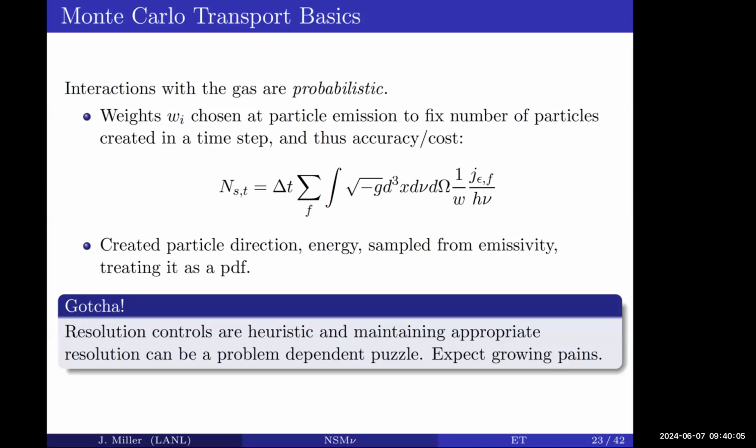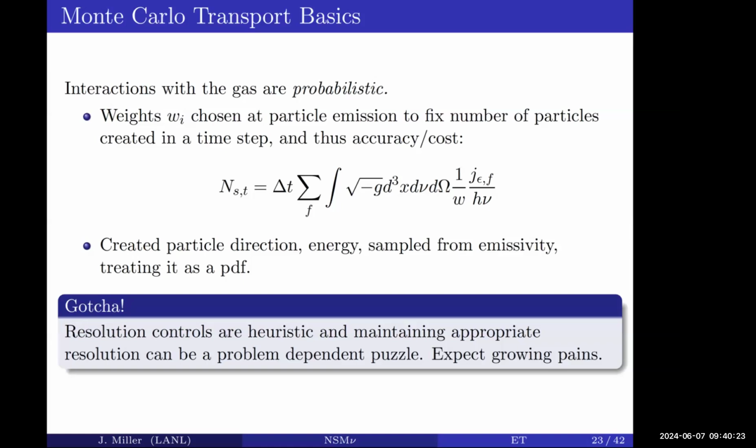And then to compute where they're going and what their energies are, you sample the emissivity as if it's a distribution function. Now, I want to mention here that in implementing a method like this, these resolution controls are quite tricky because you want to have sort of a fixed number of particles in your simulation because that's the error you want.